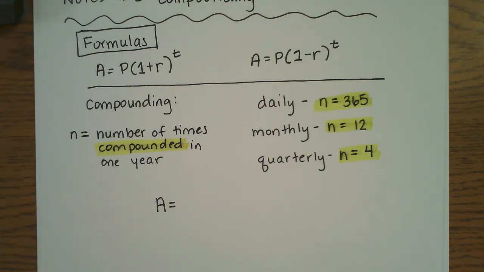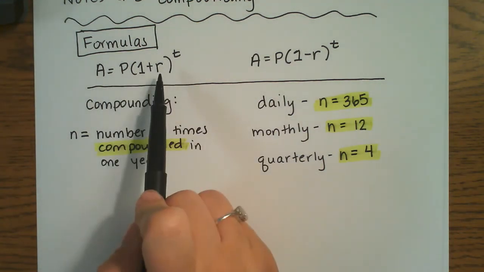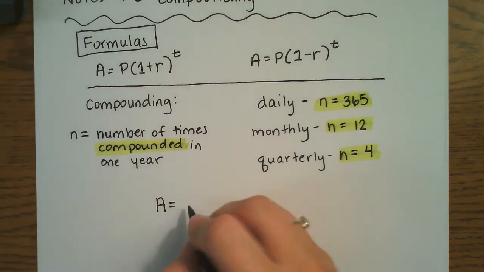So the formula is going to be similar to our increasing formula, but it's going to add that N variable actually in 2 places.